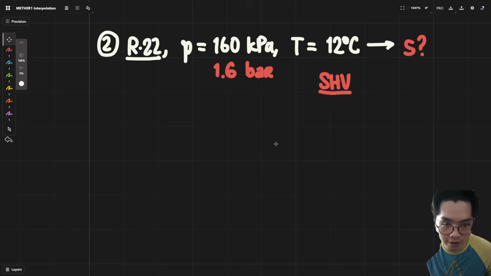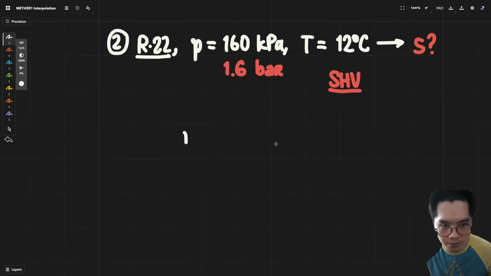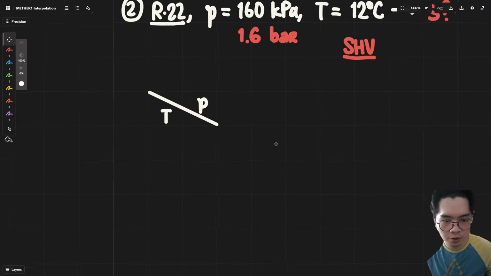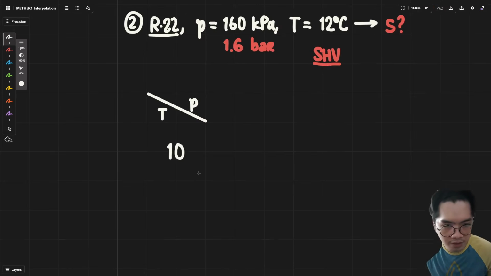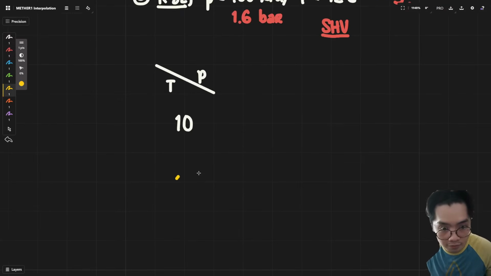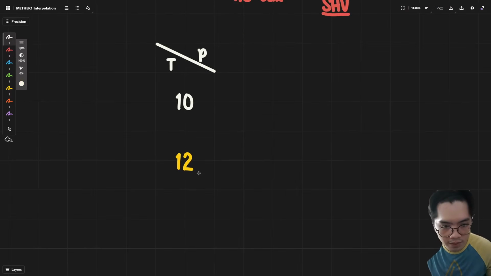We have here pressure and then temperature. I will put in here slightly larger values, 10, and then we want in here 12, and then we want in here 15.